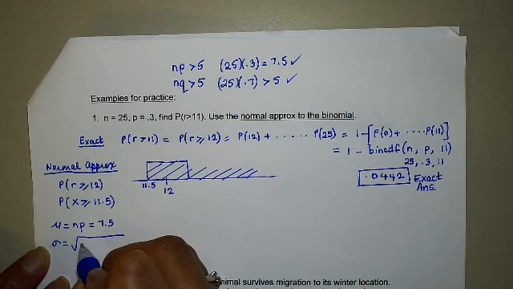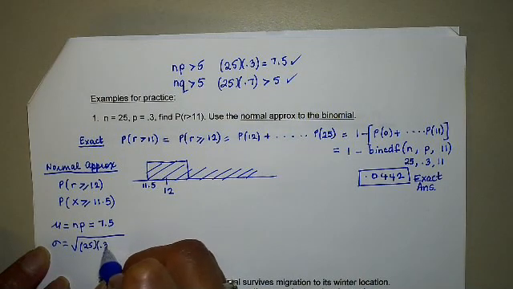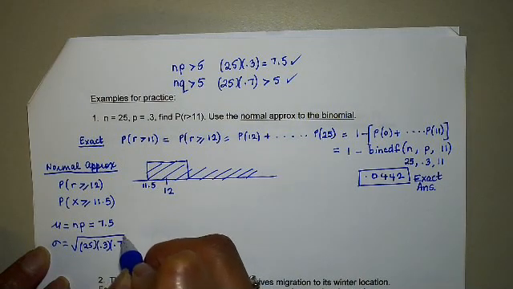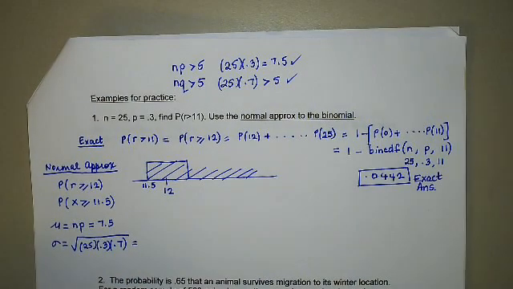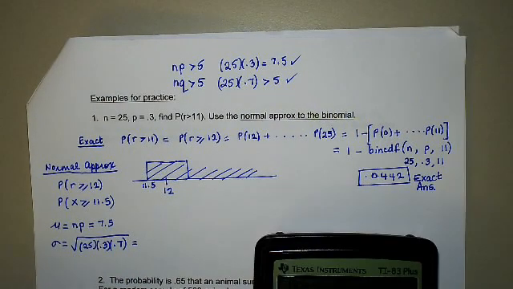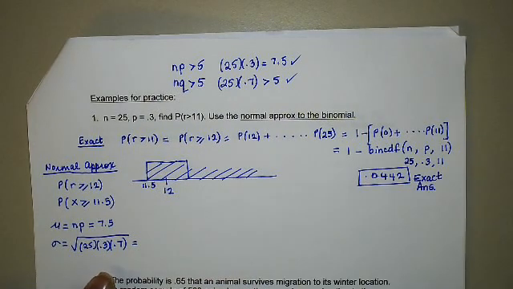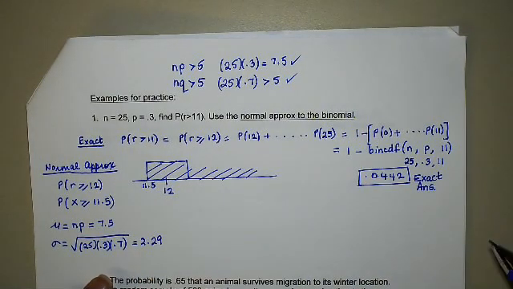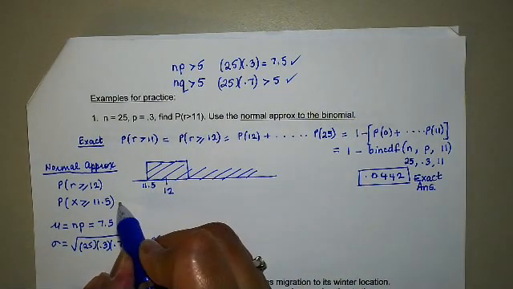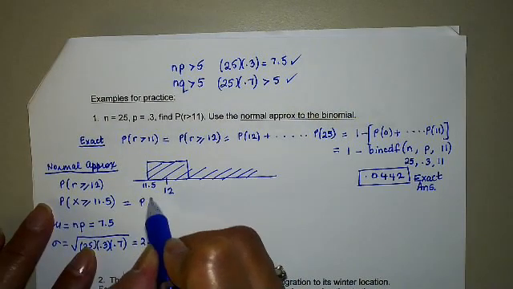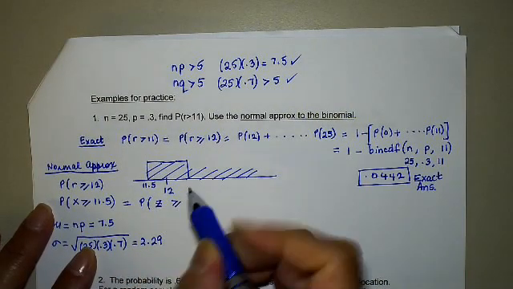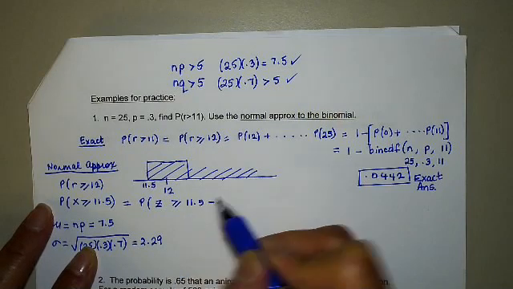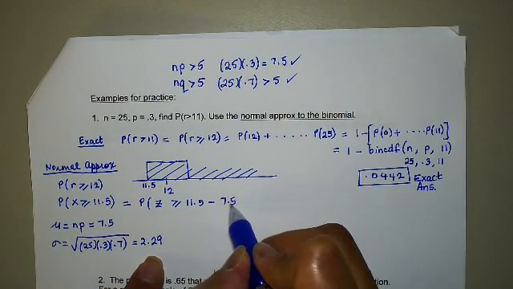Then I need a mu and I need a sigma. So mu equals n times p, which is 7.5. And sigma equals rad n times p times q. 25 times 0.3 times 0.7 and the square root of that is 2.2913, about 2.29.